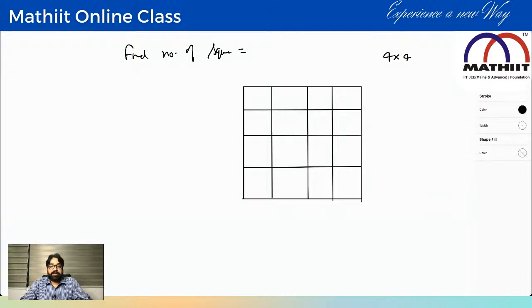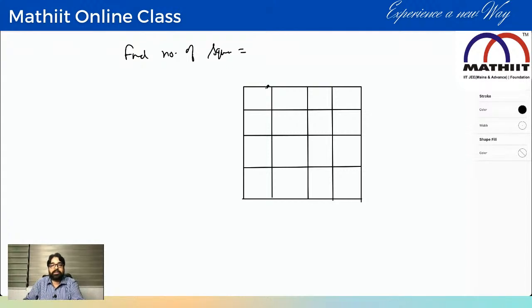Number of squares. Any size, any size, any size. It means I am asking you, one of the squares can be this, another square can be this also, another square can be this also. No, that is not a square.